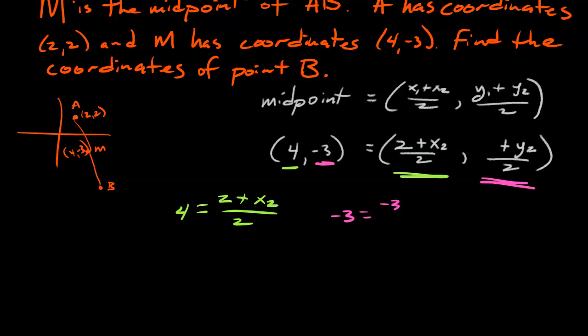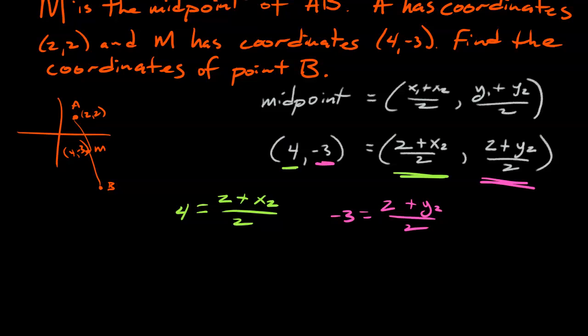We'll go back to my pencils. This was supposed to be 2, because it was the point 2, 2. Whew, that was close. I almost did the whole problem with the wrong info. Two plus y2 divided by 2.